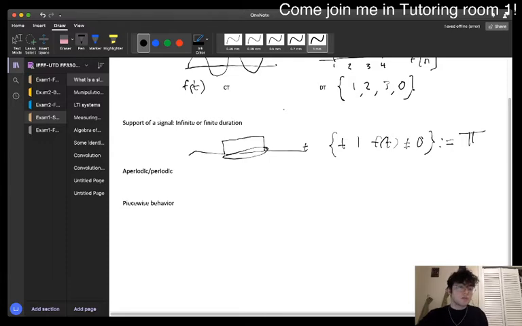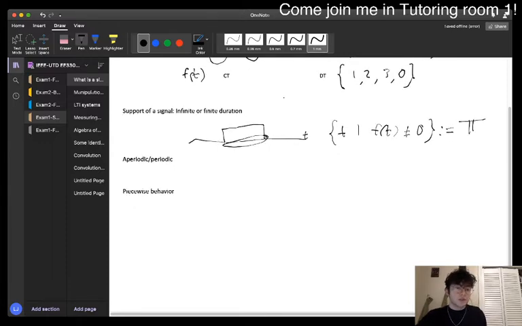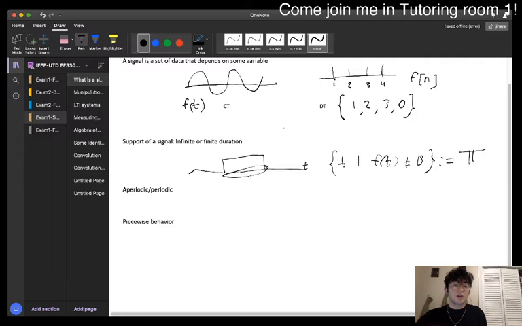So there are different properties our signals can have. One important one for this class is it being either periodic or aperiodic. So what do we mean by that? If a function is periodic, then there's going to be some number T, the period, such that if we start at that time, it'll look like the same function.